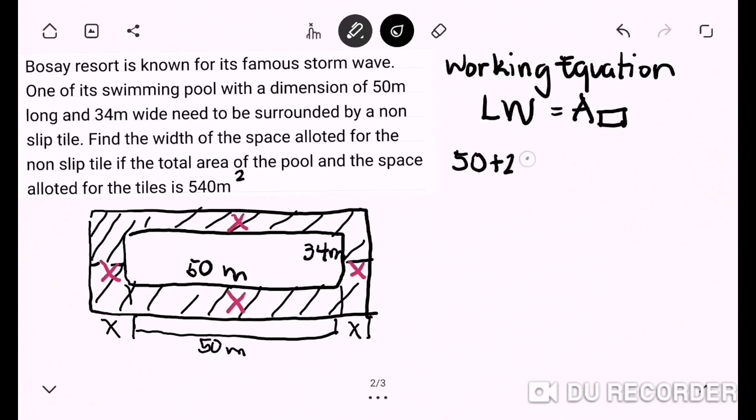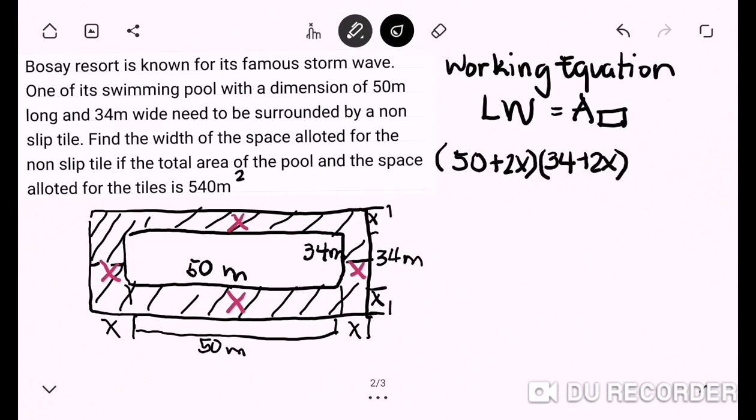So, we have 50 plus 2x, times etong width. So, alam natin na mula dito hanggang dito is 34 meters. So, meron tayong space para rito which is represented by x. So, ibig sabihin, yung ating width can be represented by 34 plus 2x. So, hindi pa tayo tapos.